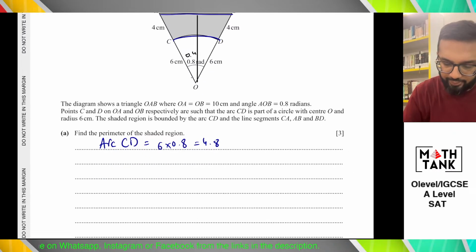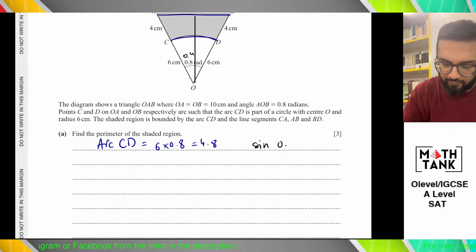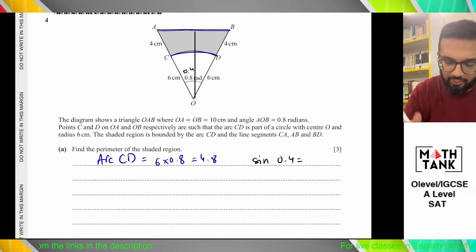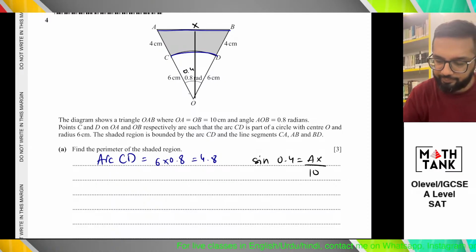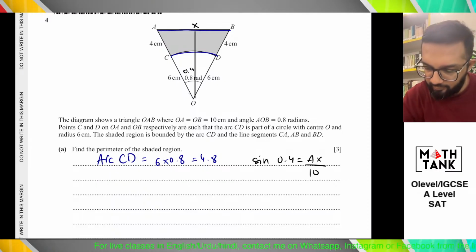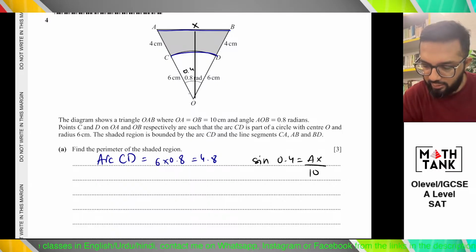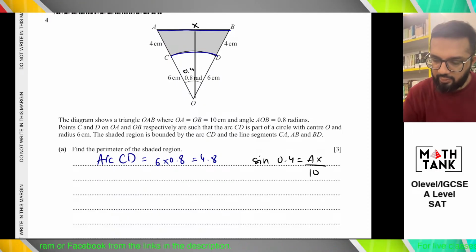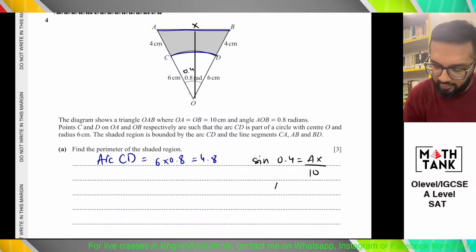I can use sine, cos, tan. I can use sine of 0.4 equals, let's call that x, AX over 10. I will have to change the angle unit. Okay, so sine 0.4 times 10 is 3.89, so AX is 3.84.